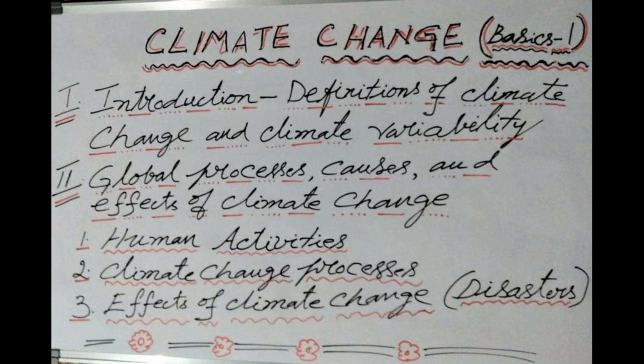The second one is biodiversity losses. Human being is a social being. Without biodiversity, the existence of human beings is very difficult. A human being lives in society not only for himself but also for the society.